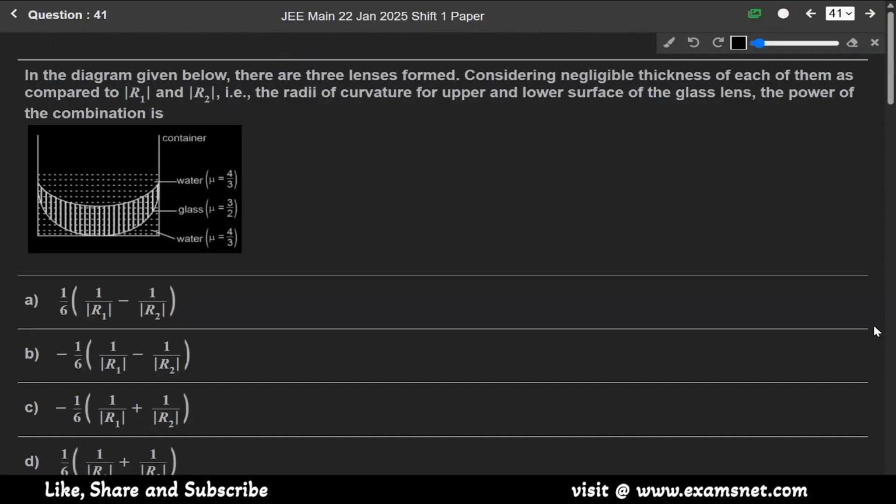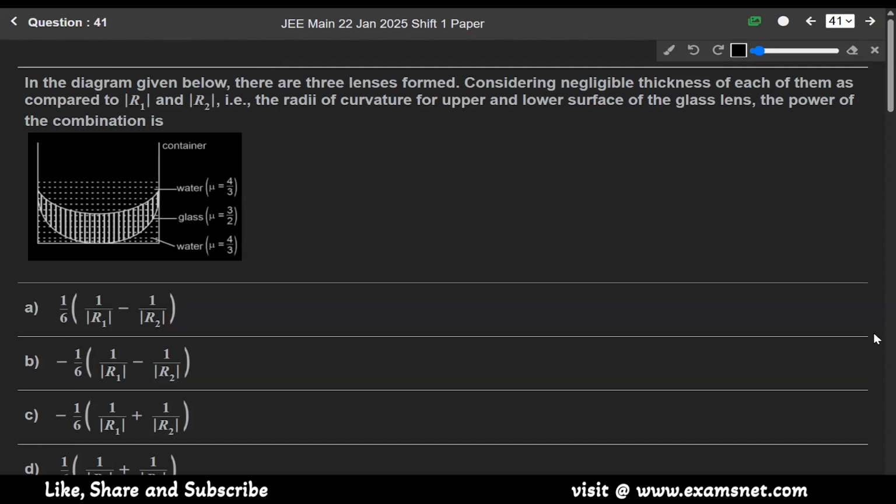Now the next question is 41. In the diagram given below, there are three lenses formed. Considering negligible thickness of each of them as compared to R1 and R2, the radii of curvature for the upper and lower surfaces of the glass lens, the power of the combination is, so we have to find the total power of this combination where three lenses are forming.